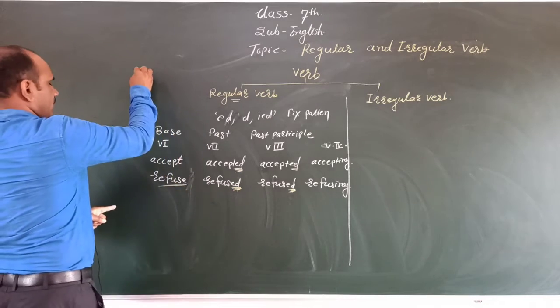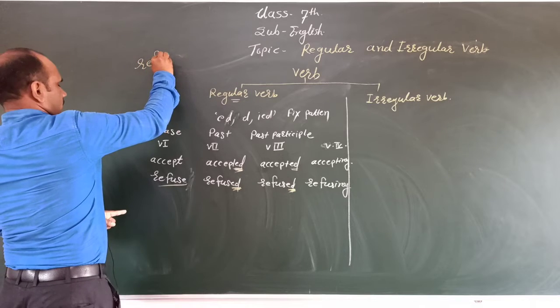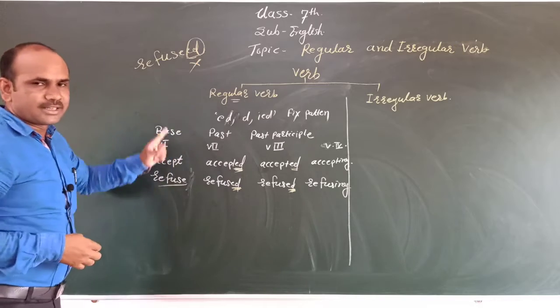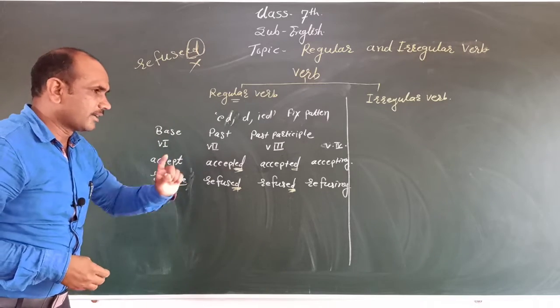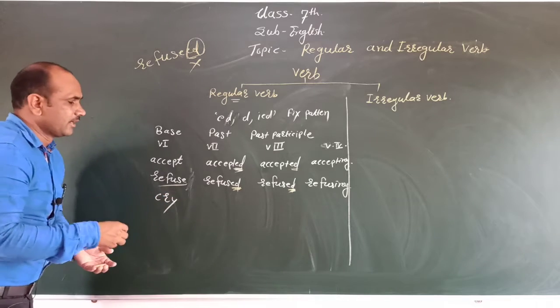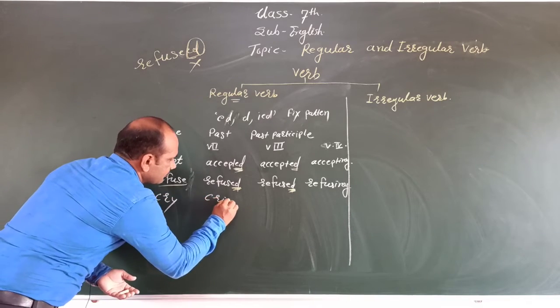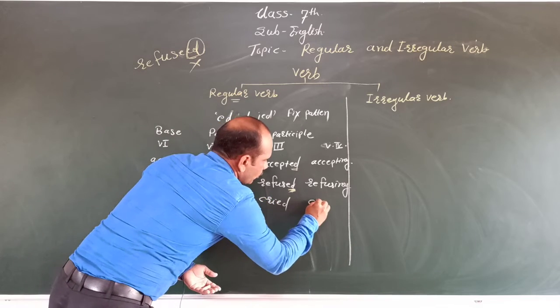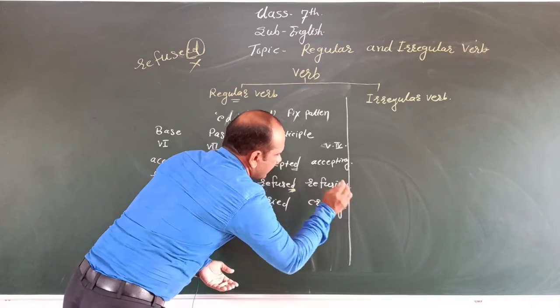For example, refuse, refused. In this way we write; writing it another way is wrong. The next example is cry. We write cry, then cried, then also cried, and the fourth form of the verb we write as crying.